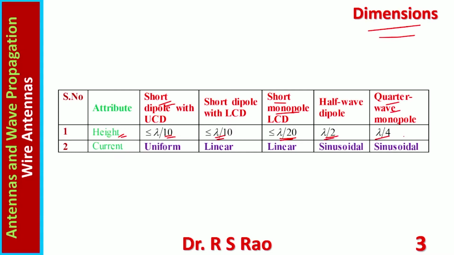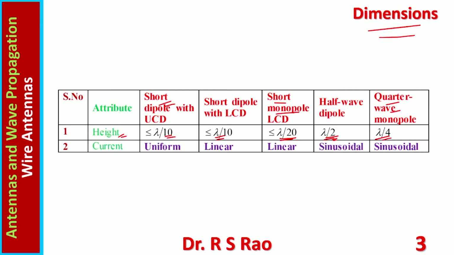So if length of conductor is less than or equal to lambda by 10, it is a short dipole. If it is less than or equal to lambda by 20 and standing over ground plane, then only it is short monopole. A wire conductor is half-wave dipole only when its length is lambda by 2. A wire conductor is quarter-wave monopole only when it is standing upwards over a ground plane having a length of lambda by 4.